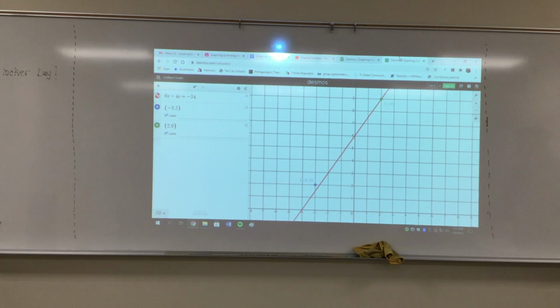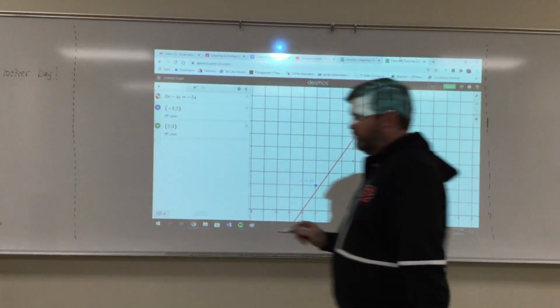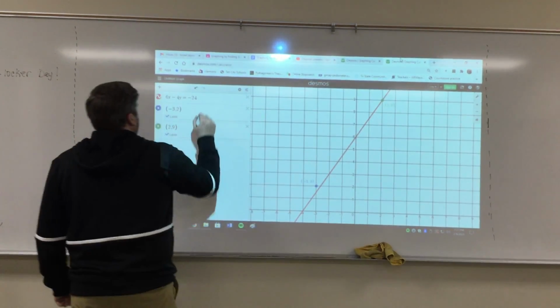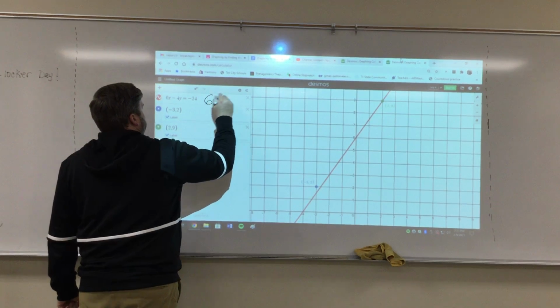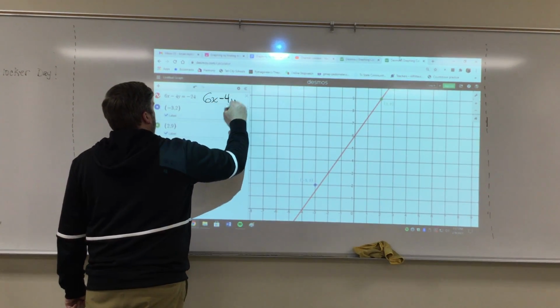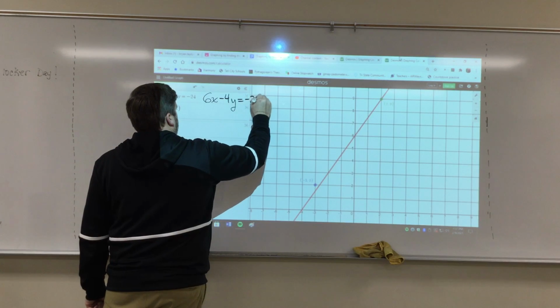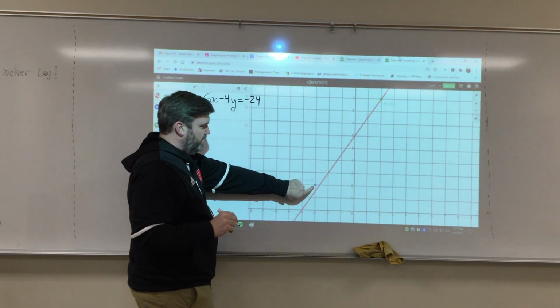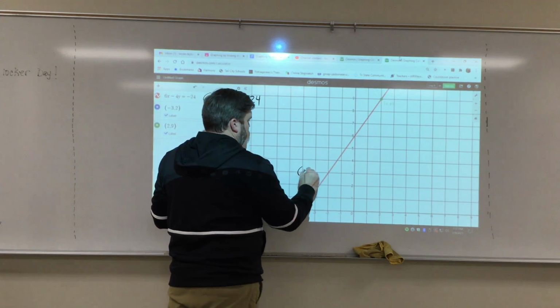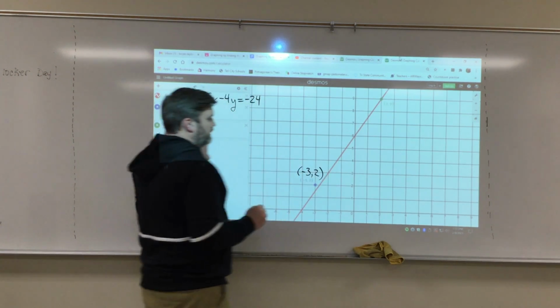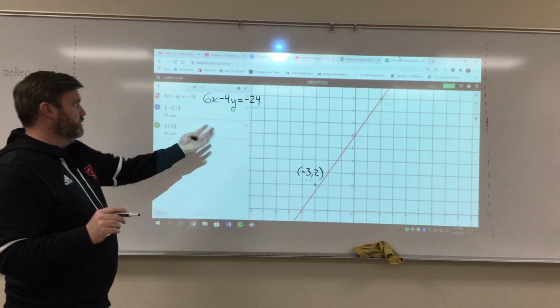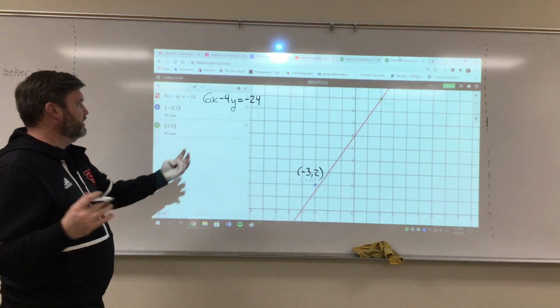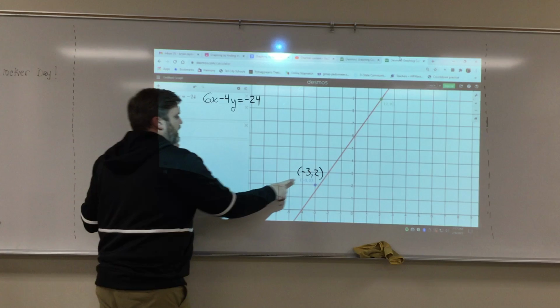This time I have one written in standard form. That last one was slope-intercept form. It's 6x minus 4y equals negative 24. That point is missing the line, negative 3, 2. Now you should know that when I do this, I'm going to get a false statement. So let's see how that happens.